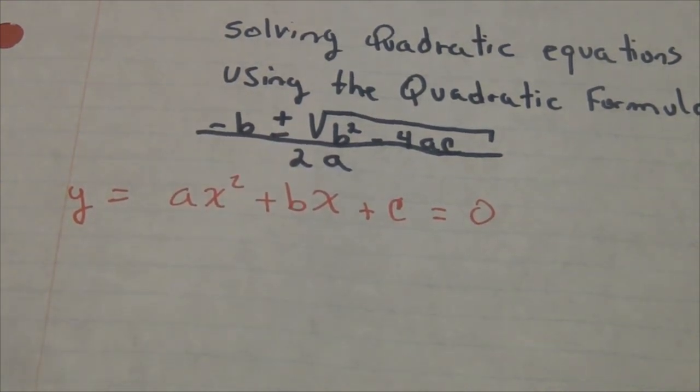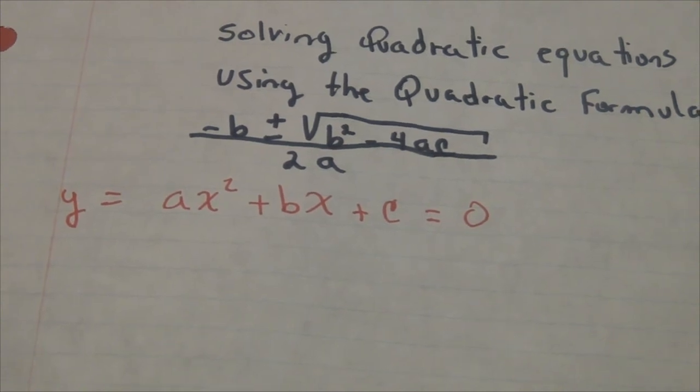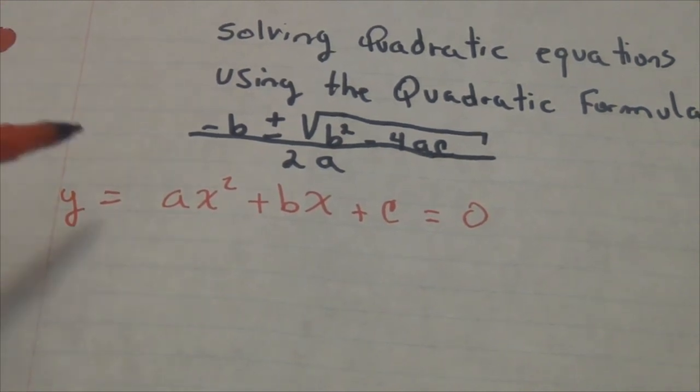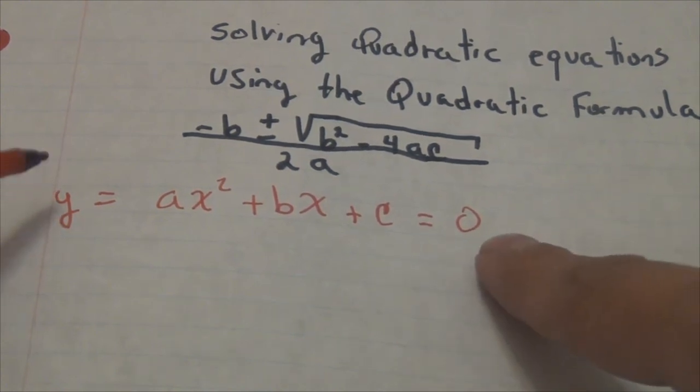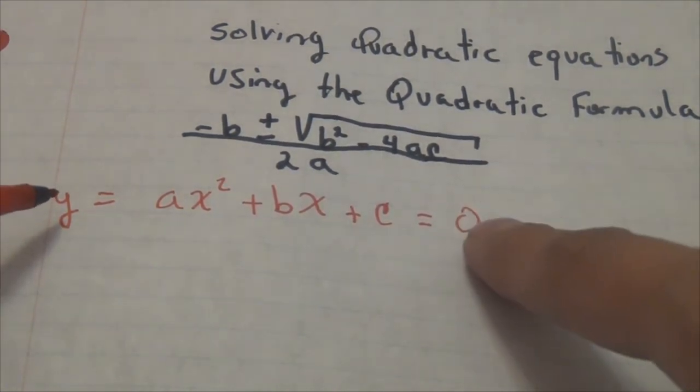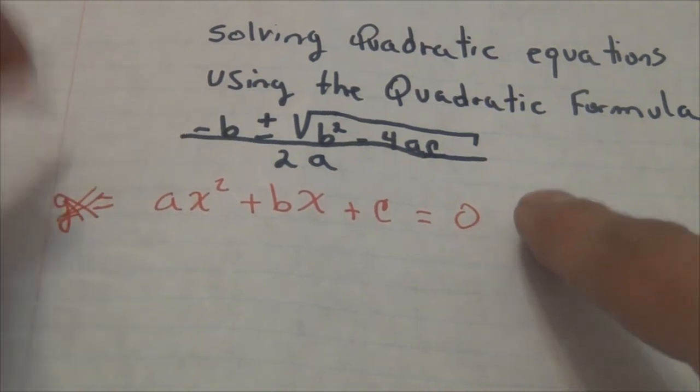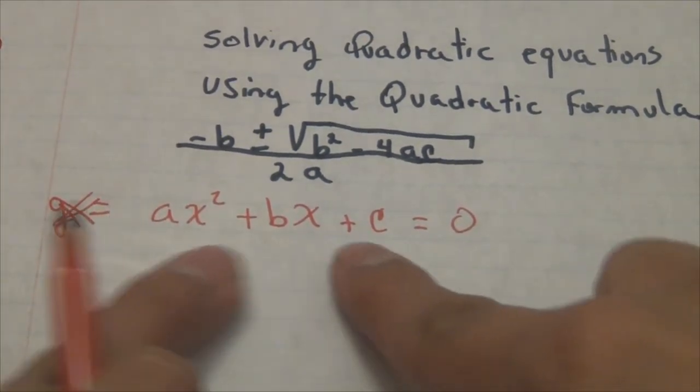Now with the quadratic formula, the idea is to find the solutions where y is equal to 0. That's why they replace the 0 with the y. So let's forget about y for a second and just focus on this. This is the standard form.